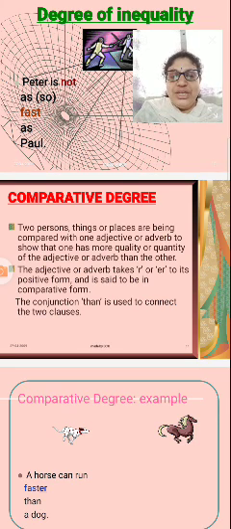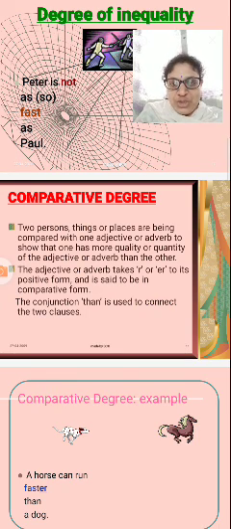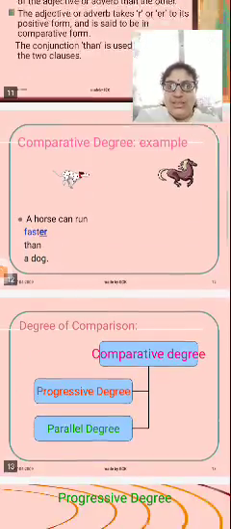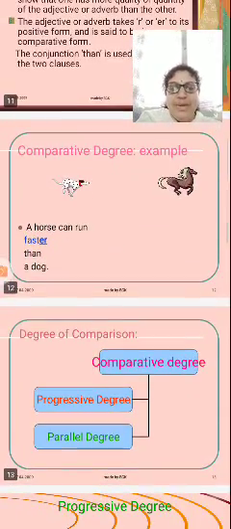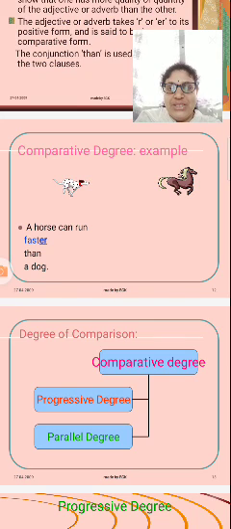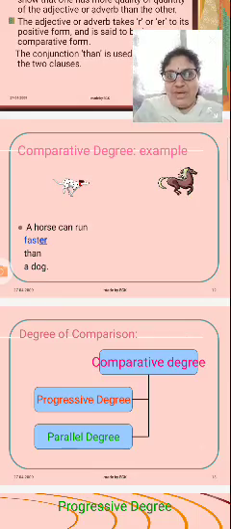The adjective or adverb takes r or er to its positive form and is said to be in comparative form. The conjunction than is used to connect the two clauses. Example: a horse can run faster than a dog. Here you are comparing two animals.